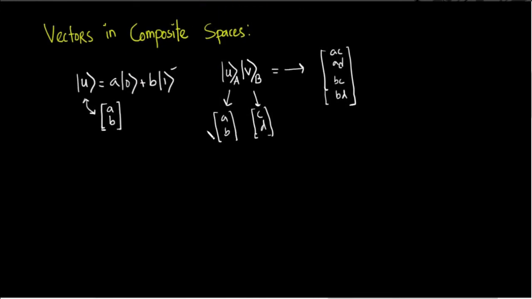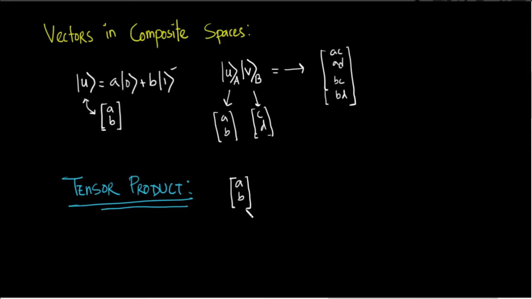To find these column vectors, we will introduce this new type of product between two vectors. We will call this a tensor product. Okay, so what is the definition of a tensor product? Suppose I have a vector AB and I want to form a tensor product.